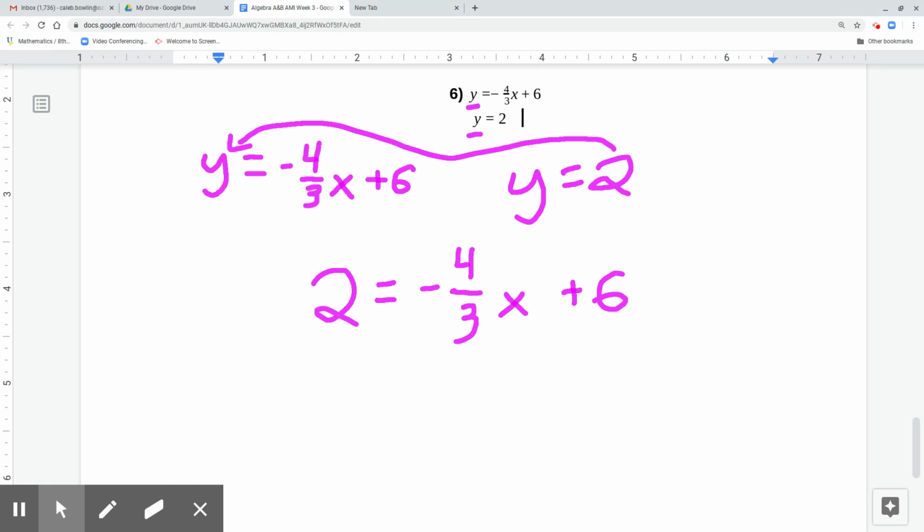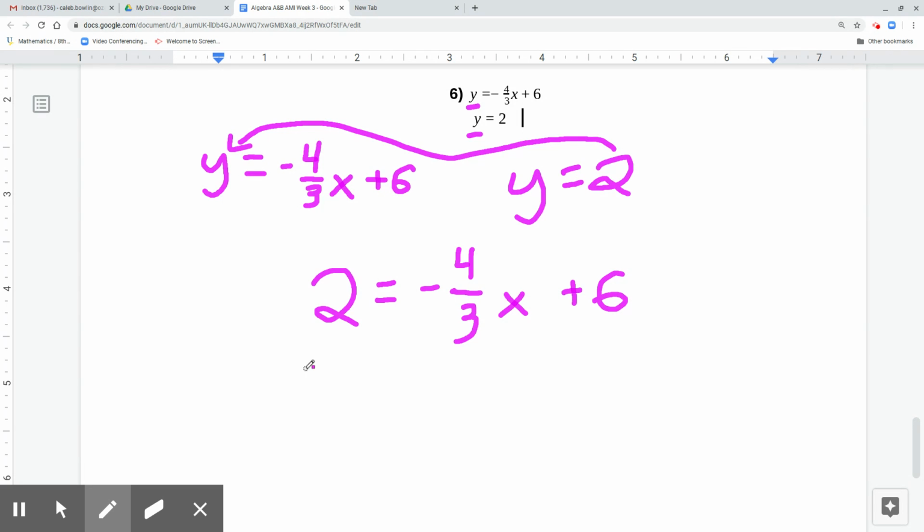This is what the substitution step looks like. Now I have 2 equals negative 4/3 x plus 6, and I can solve this equation for x since I only have one variable left.